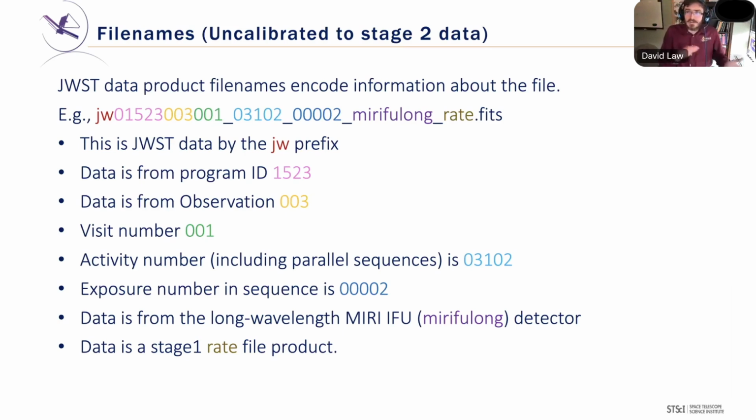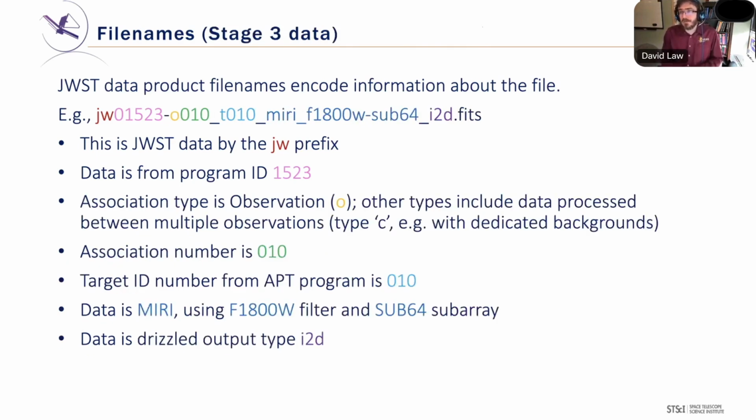Things change a little bit as you look at the final data products coming out of the end stage of the pipeline. As I mentioned, stage 3 combines together data from many different exposures. So this kind of numbering scheme doesn't make sense because there are many different things that fed into it. But it's the same kind of idea where you can get lots of information from the individual parts. Again, there's something that tells you about the program number, something that tells you about the observation number.